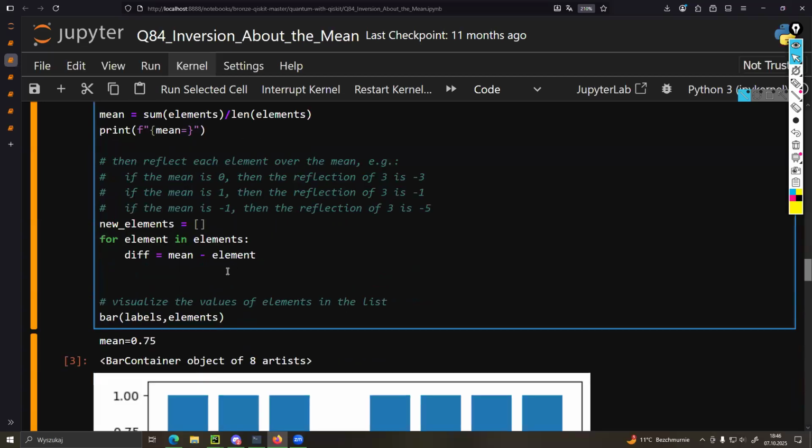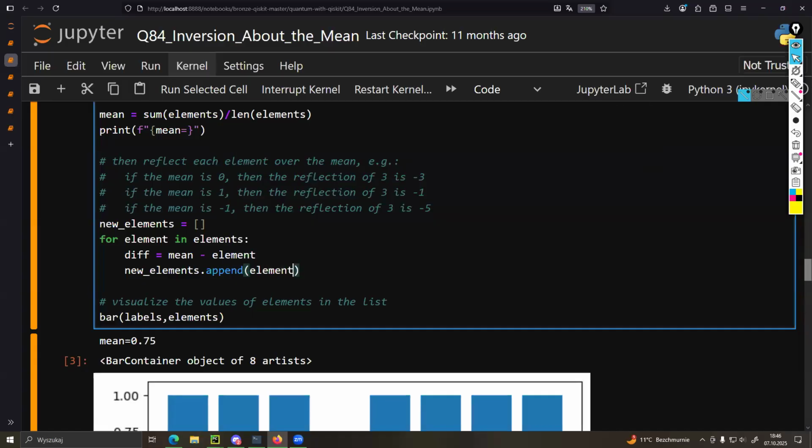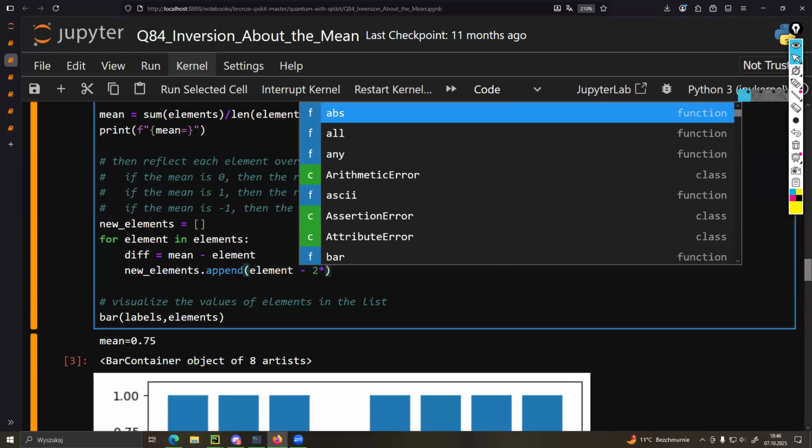Then I would like to append to my new outcomes the result of my current element minus 2 times diff.